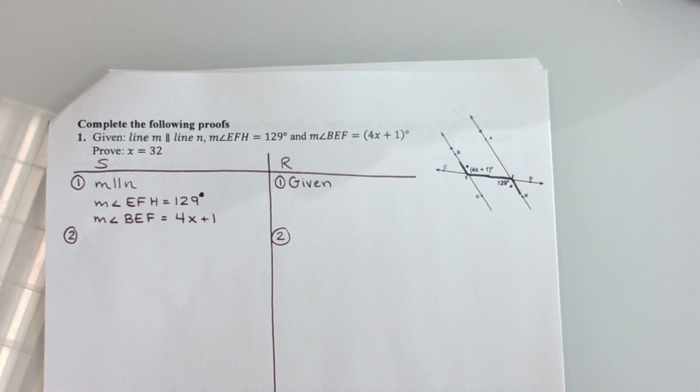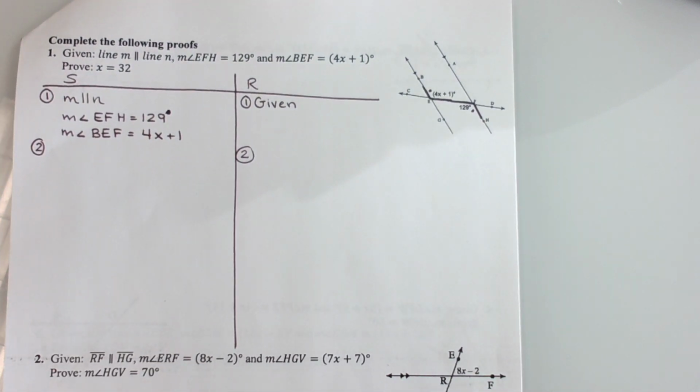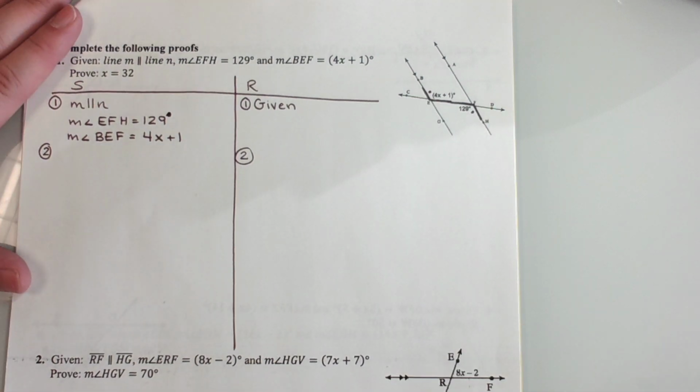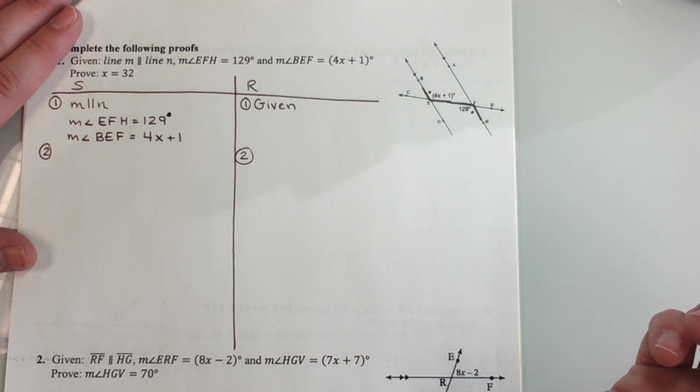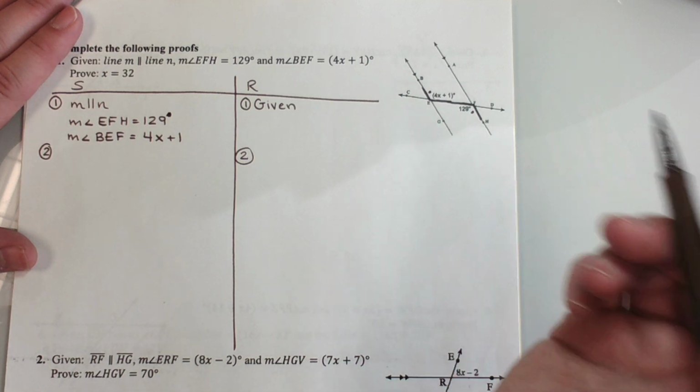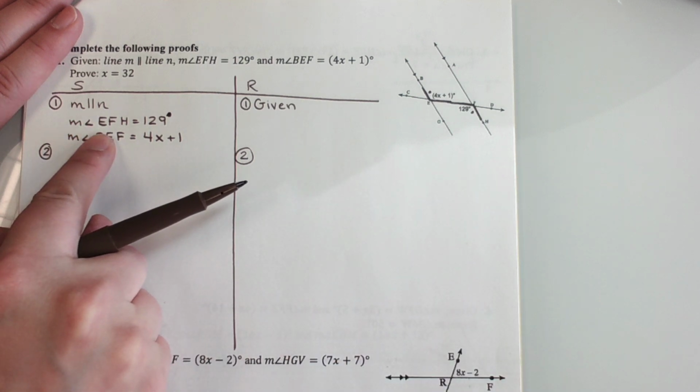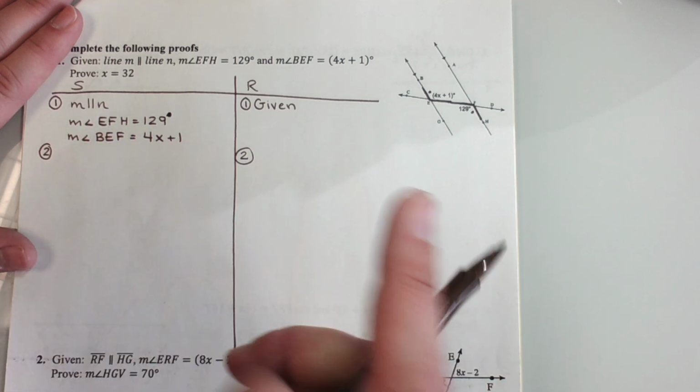Because in a proof, remember, you have to do the steps exactly as the postulate sheets say you can do them, which means the moment I recognize those are alternate interior angles, I have to write that they're congruent, and I have to do it by name. The names of those angles were EFH and BEF.